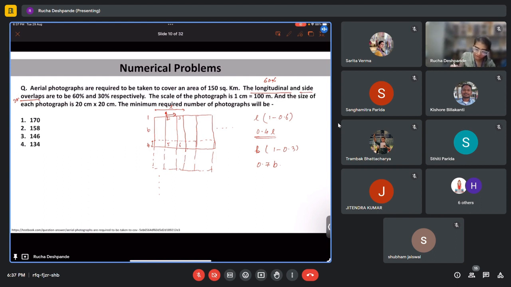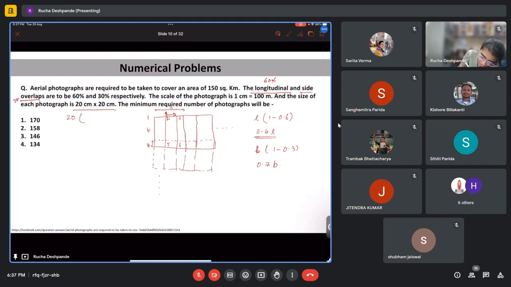So in this image, we have one photograph with dimensions 20 centimeter cross 20 centimeter. So first, this L is 20 centimeter, and there is 60% overlap on the side.